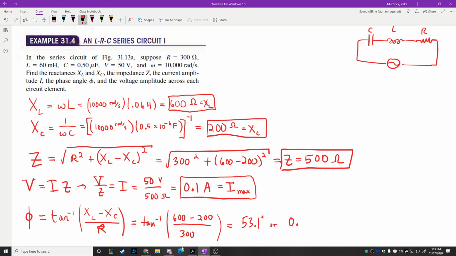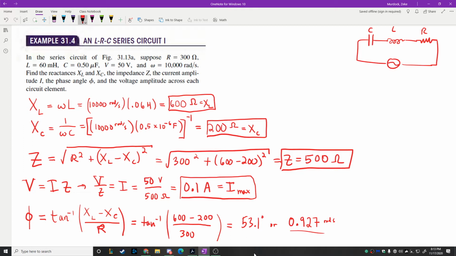Is it 0.932? Oh, 0.927. Okay, let's write it down with 3 digits. Do other people agree it's 0.927? We want the radians one, but it's good to know what it is in degrees, because with radian measurement you don't really know what that means, but if you say 53 degrees, you get an idea of what that means, right?